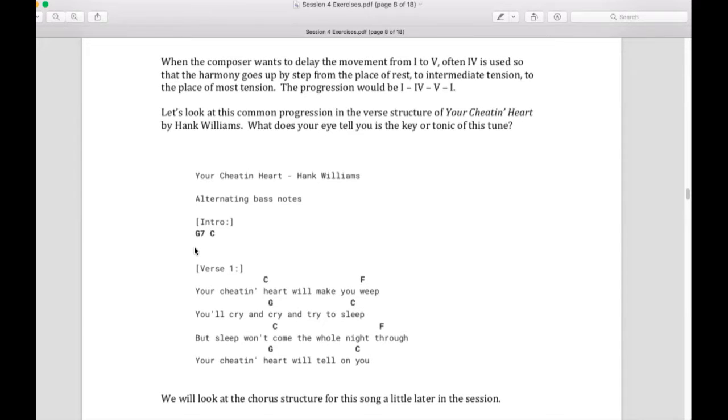Your cheating heart will make you F weep. That's your 4 chord. You cry and cry. That's your 5 chord. And it comes back down to 1 and try to sleep.